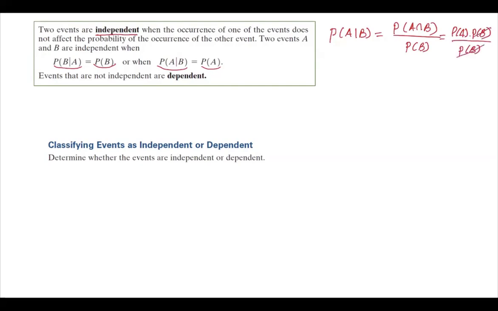That's how you get the conditional probability of A given B is equal to probability of A.